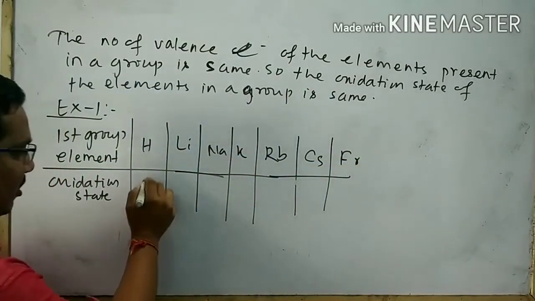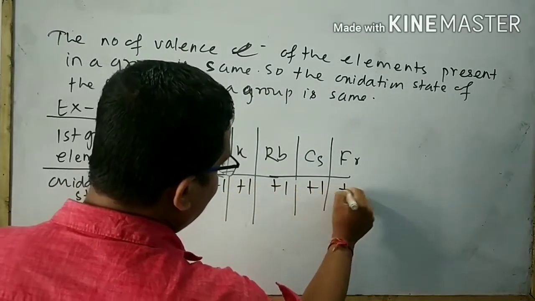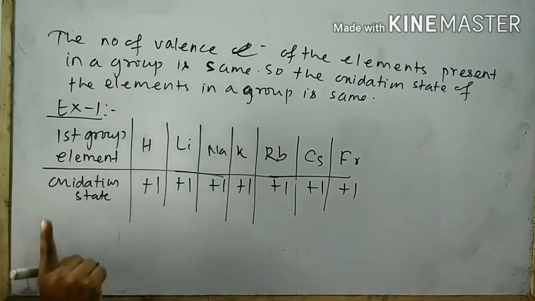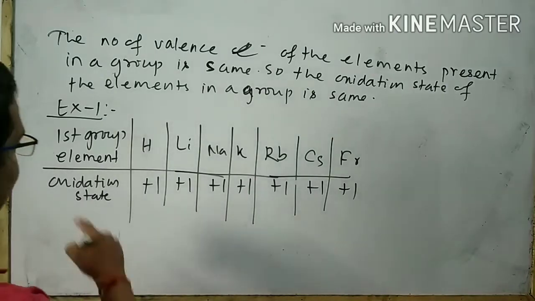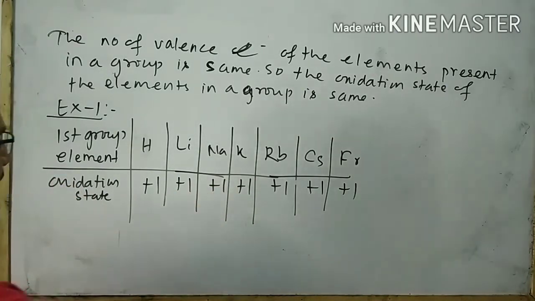All have oxidation number +1, because all the elements have one electron in the valence shell. So the oxidation number of the elements present in group 1 is +1. All have equal oxidation state.